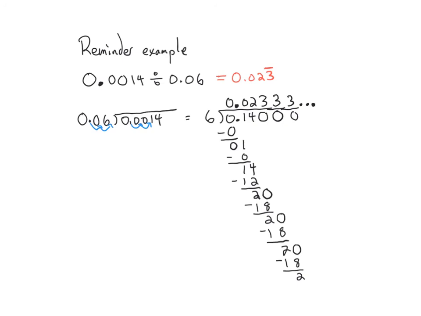So that's how to do long division with decimals, of course, but I do want to point out, you notice this repeating pattern happening with this division. It turns out that unless it stops, you always get a repeating pattern.